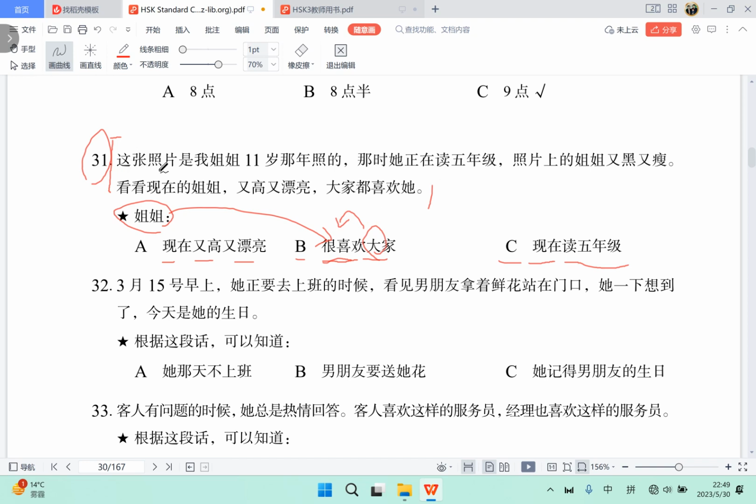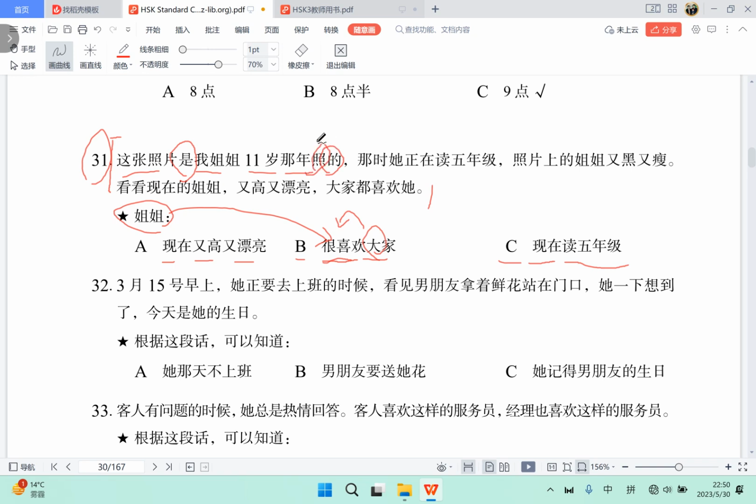So 这张照片, this photo, 是我姐姐11岁那年照的。So 是什么什么的 structure: emphasize the manner of the action, emphasize the time of the action, emphasize the place where this action happened, and emphasize who did this action.